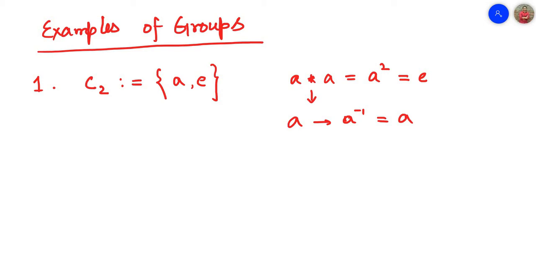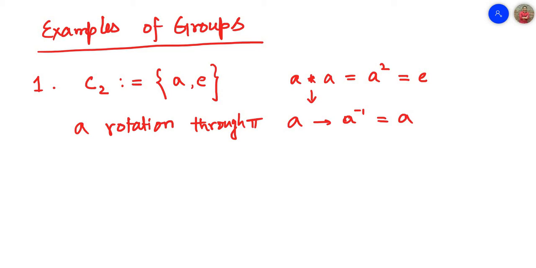This group can physically signify a lot of things. One of the things that it can denote is a rotation through the angle pi. So that's our first and probably the simplest example.